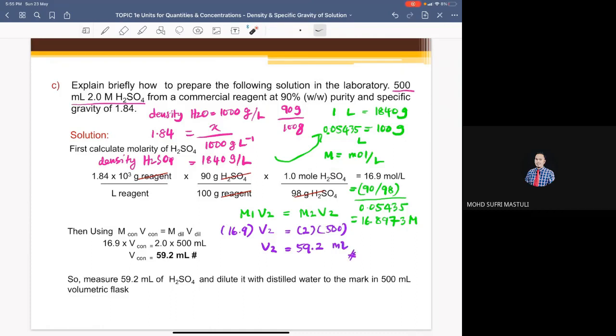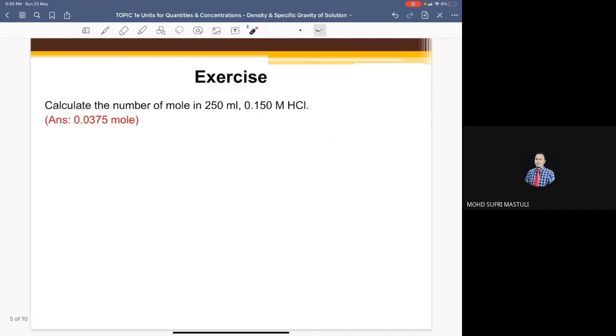You have to measure 59.2 ml of sulfuric acid from the commercial reagent, and you dilute it into a 500 ml volumetric flask using distilled water. All right.